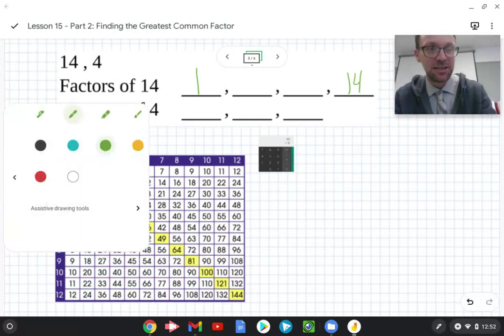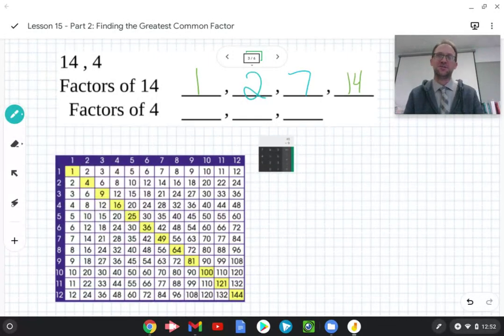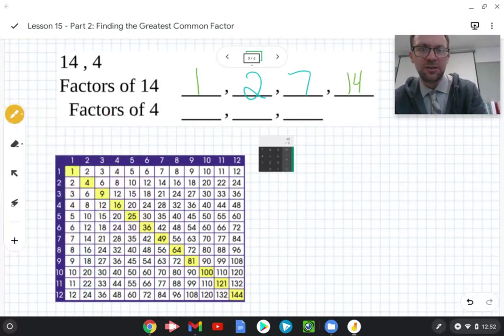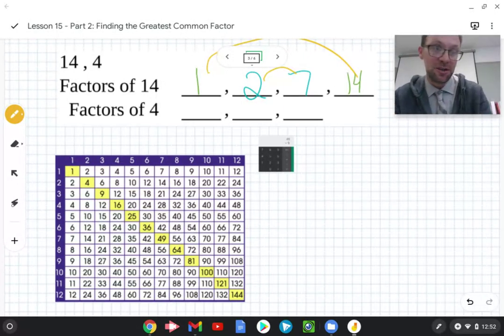So let's write 2 times 7. 2 and 7 are factors of 14. So now we've factored 14. We have all 4 whole number factors: 1, 2, 7, and 14. And we can see the factor pairs, 1 and 14, 2 and 7. If I wanted to, I could do the factor rainbow here. Perfect. Okay, now we've got to factor another number.